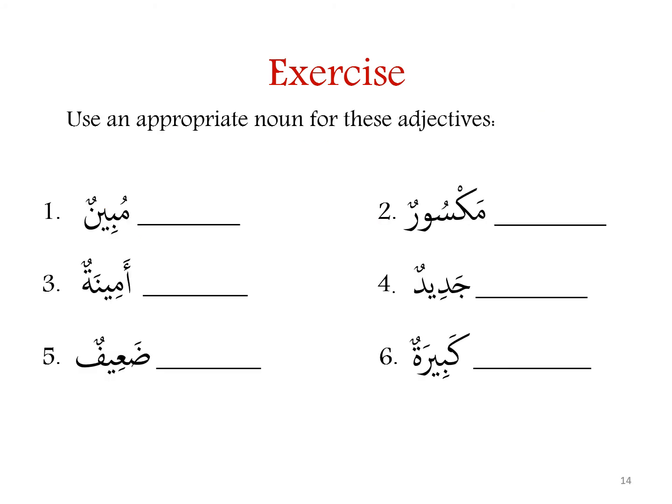Another exercise here. So we need to use an appropriate noun for these adjectives. So in this case here, we have the second word of that sentence given, which is the indefinite adjective. And we need to add a definite noun, a ma'rifah noun to the beginning to make it a full sentence.